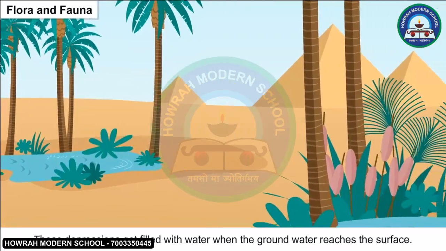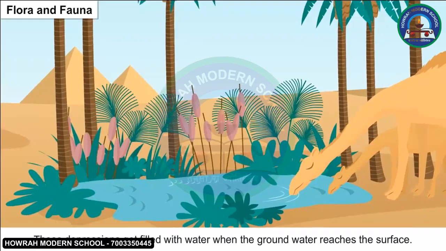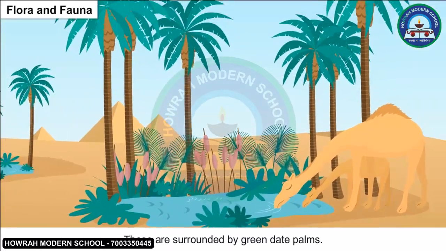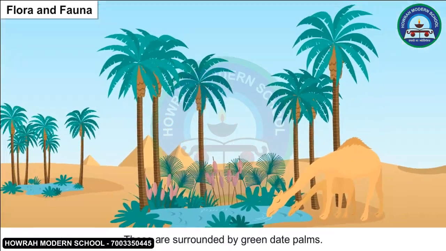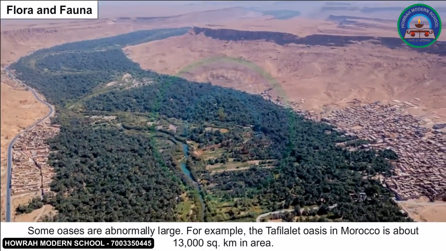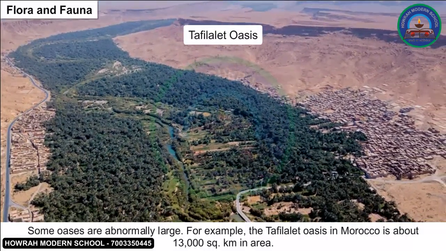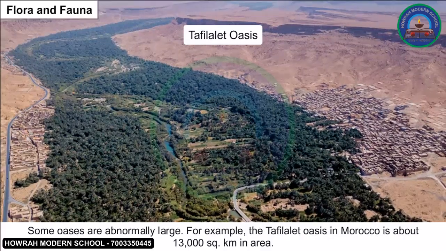These depressions get filled with water when the groundwater reaches the surface. These are surrounded by green date palms. Some oases are abnormally large. For example, the Tafilale Oasis in Morocco is about 13,000 square kilometers in area.